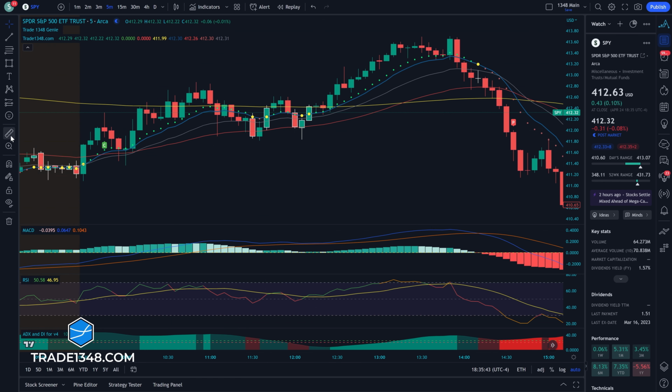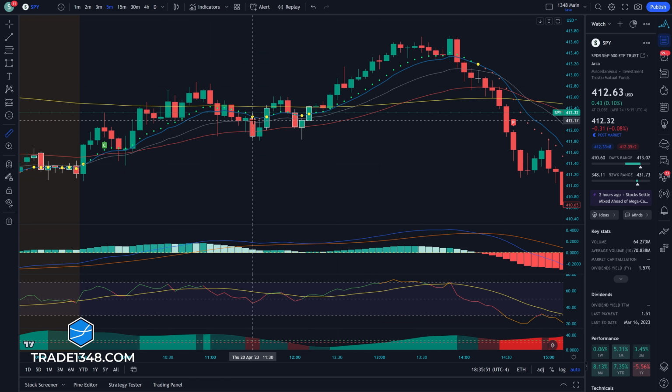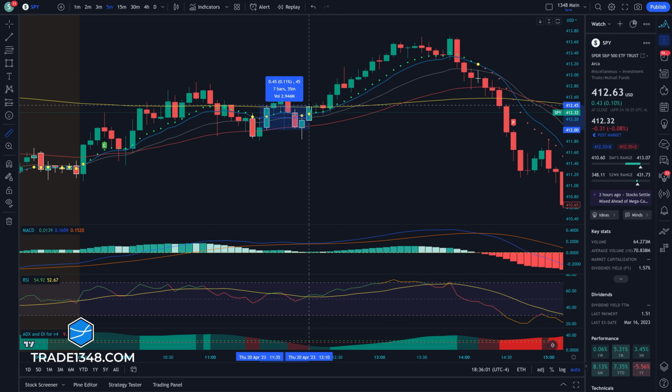Because if we measure this out, even if you were wrong through this entire sequence, okay, you were wrong put side, and you entered on this candle, but then finally gave up where it worked against you on this candle. That's only a 40-cent move, 44-cent move.